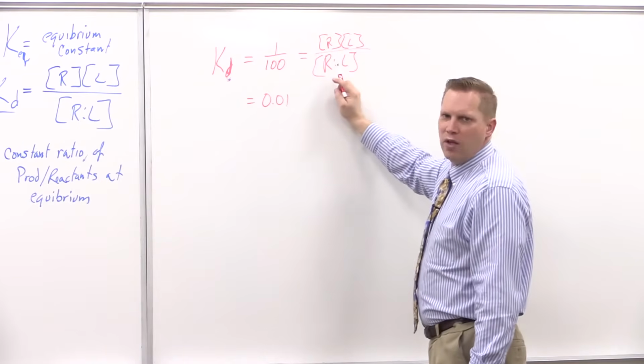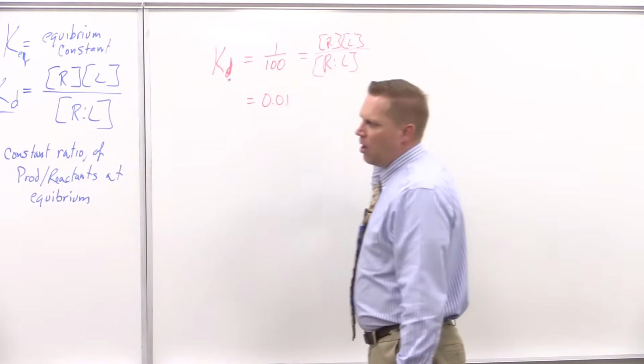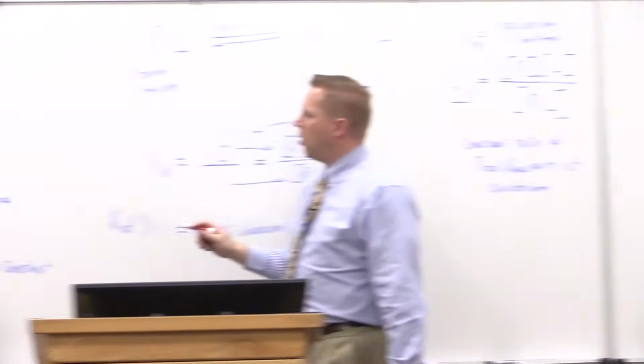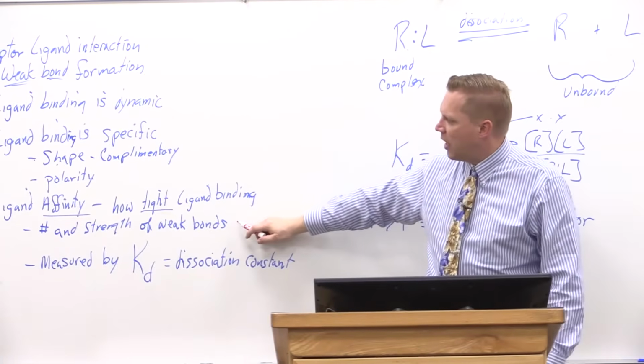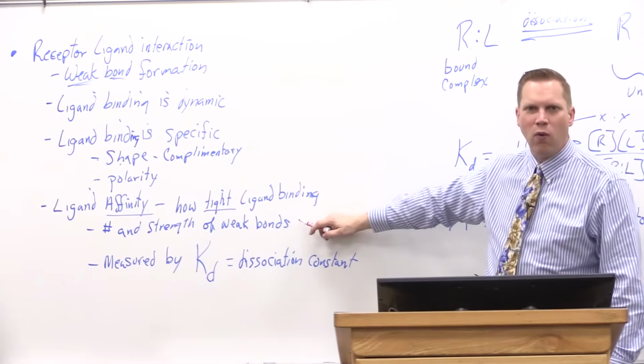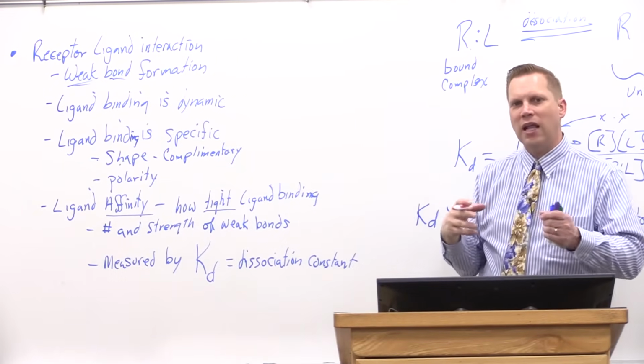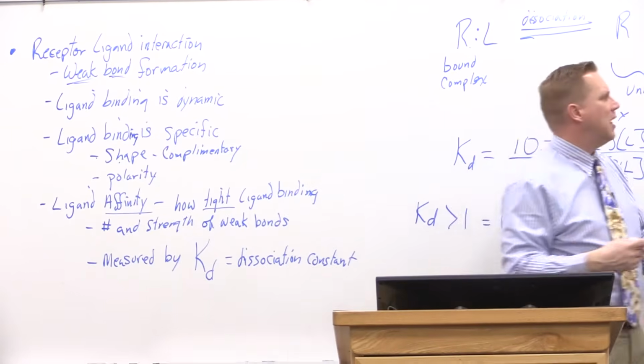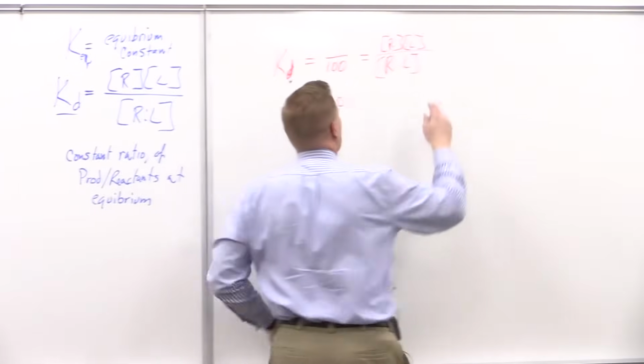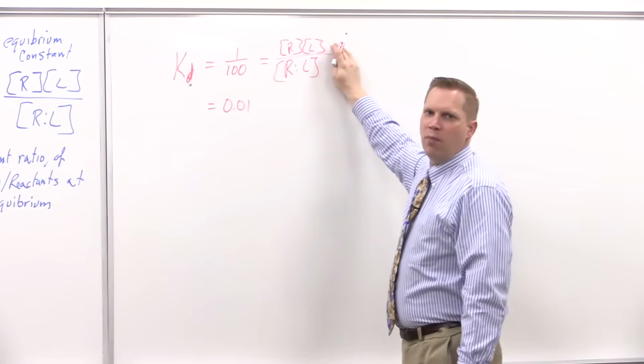Now, why at equilibrium is it favoring the complex? Because this particular ligand-receptor interaction must have quite a few bonds that are holding it together. So it's more likely at equilibrium to be found in the bound form than it is to be found in the unbound form.